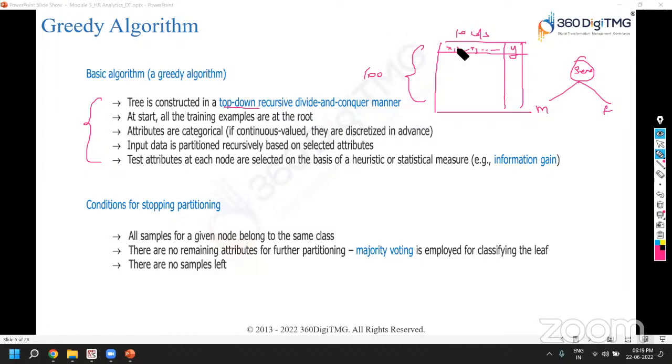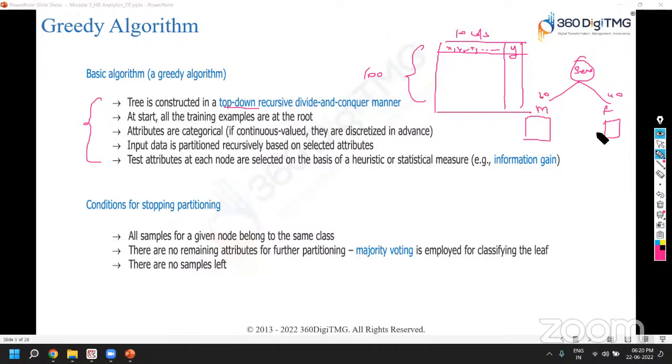So your 100 records are getting split. Maybe I have, let's say, 60 records and 40 records, or vice versa. It could be anything, not balanced. I just wanted to show that this is not balanced. So either way, 40-60 or 60-40. So I get the remaining records here, 60 records and 40 records respectively.